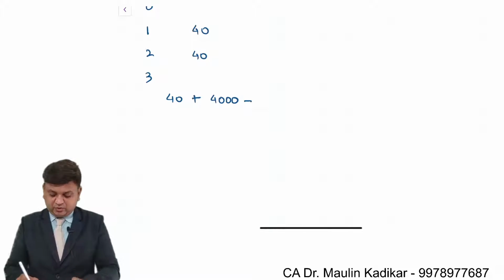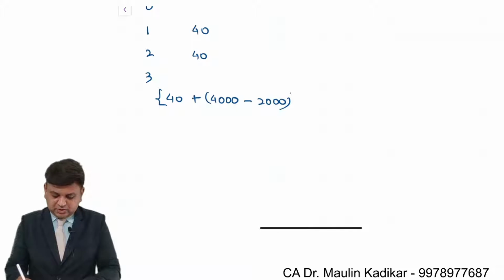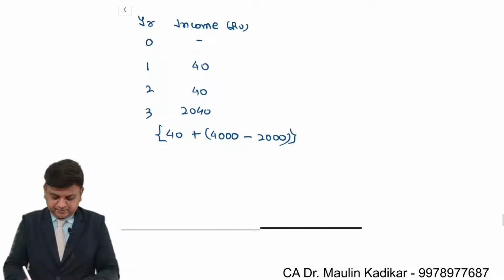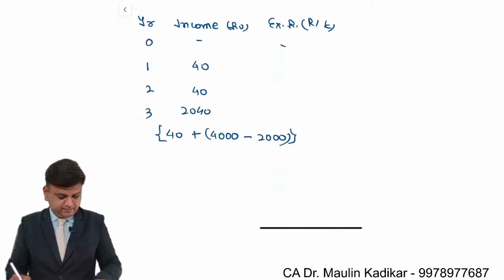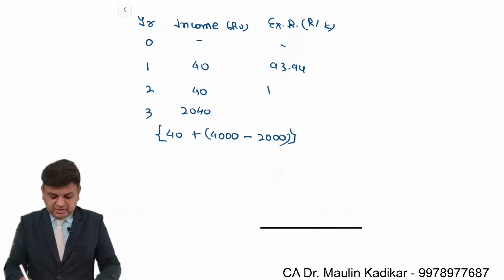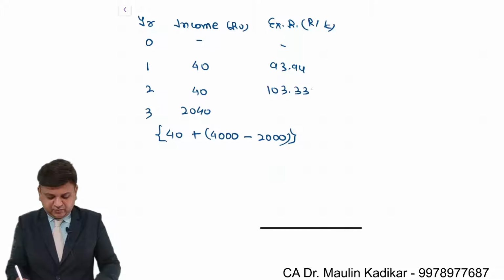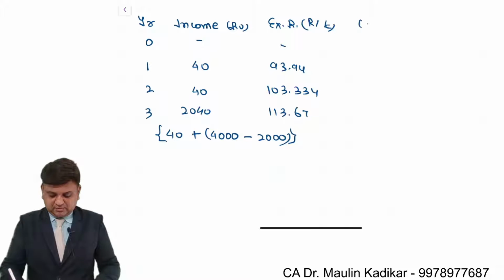However, in the swap you have to pay 2000, so the remaining 2000 is transferred, so it is 2040. Exchange rates, rupees per pound: 93.94, 103.334, 113.67.